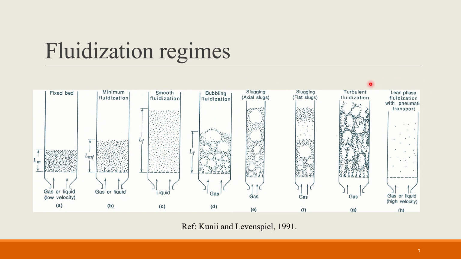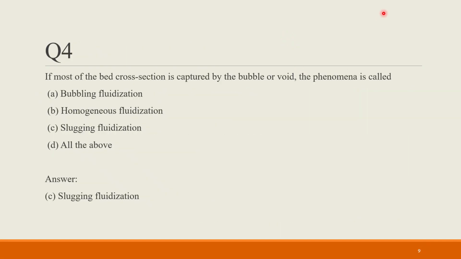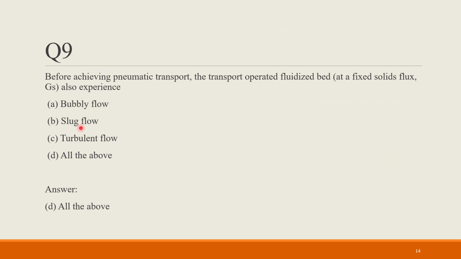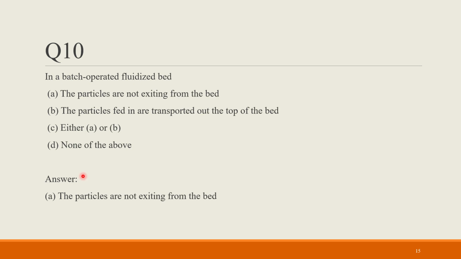Before reaching this, it is experiencing bubbling fluidization, slugging fluidization, turbulent fluidization, everything. So bubble flows, slug flows and turbulent flows are all experienced. The answer is all the above.